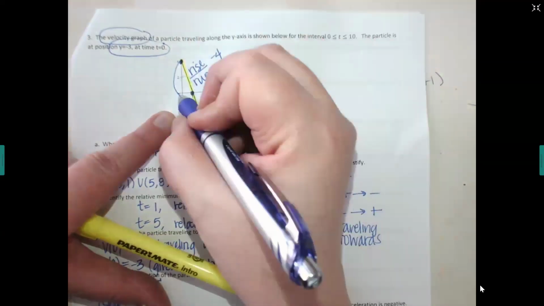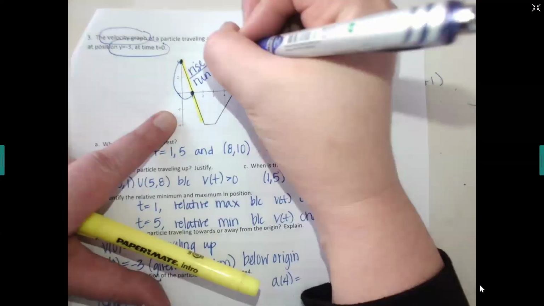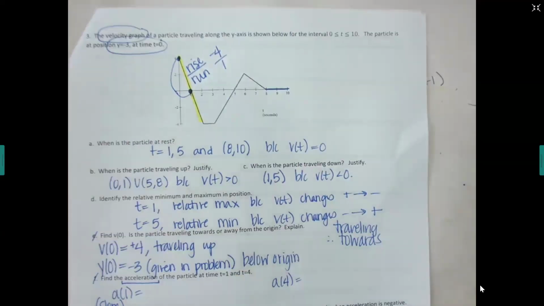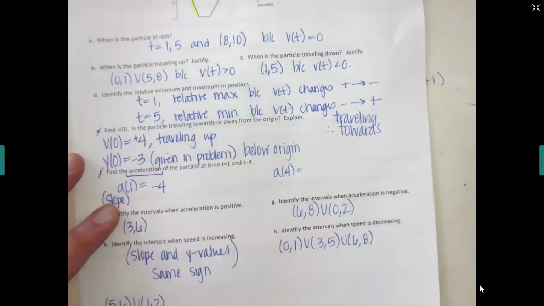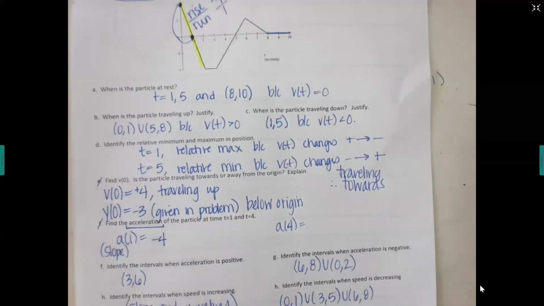And then what's my run? 1. So -4 divided by 1, what is my steepness? -4 is correct. So the acceleration at 1 is exactly -4, but you can only count out the slope if it's a perfect straight line.